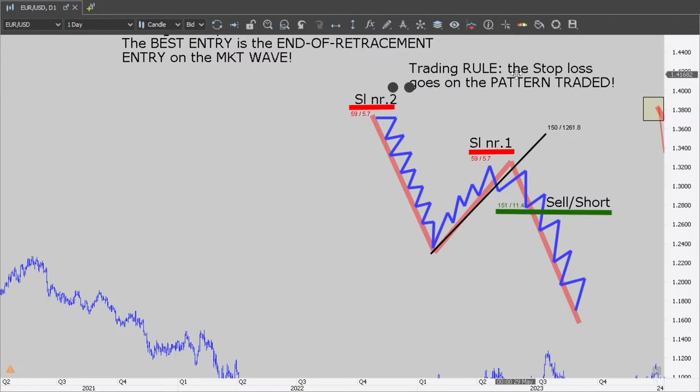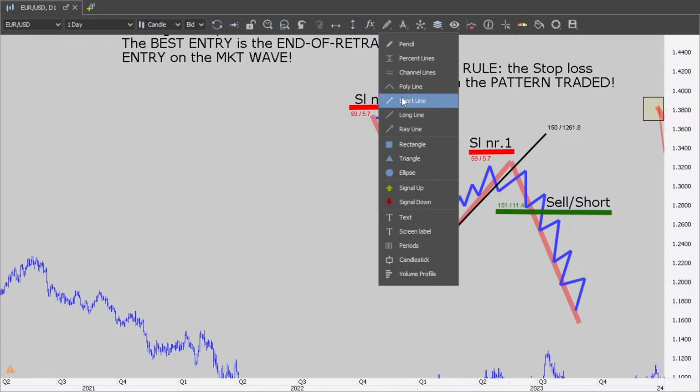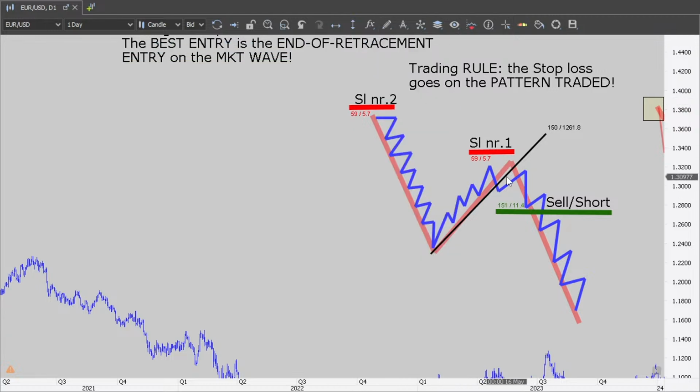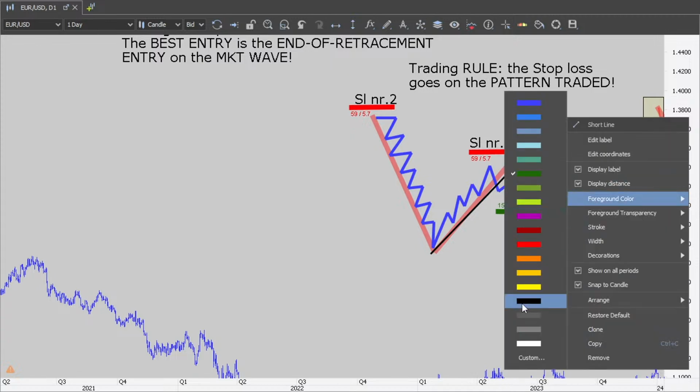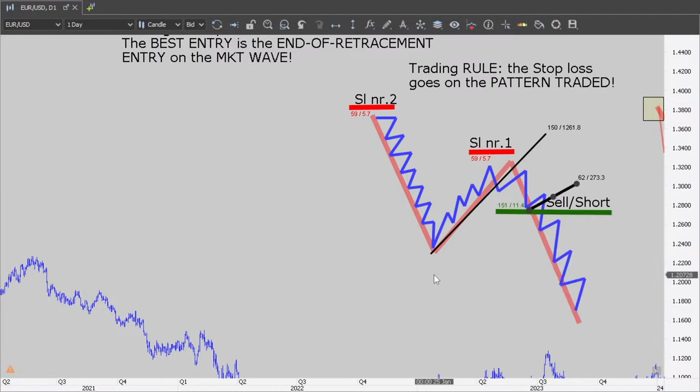Now, trading rule, the stop loss goes on the pattern traded. If you are going to enter the market, everybody, if you are going to short the market in here, just an example, with this counter trend line break, which we didn't learn yet, and you are trading the blue, it's just an example.